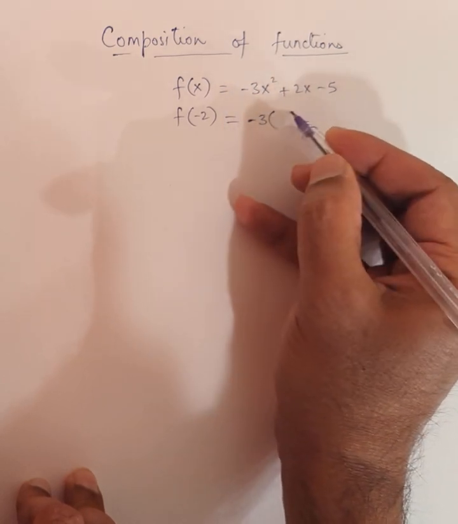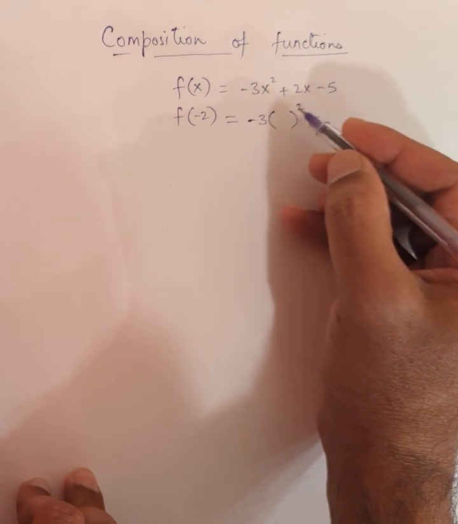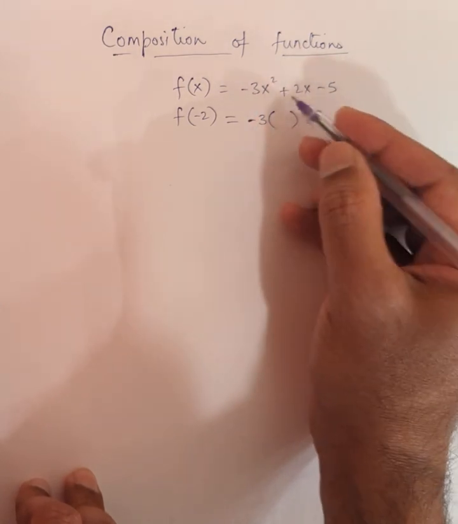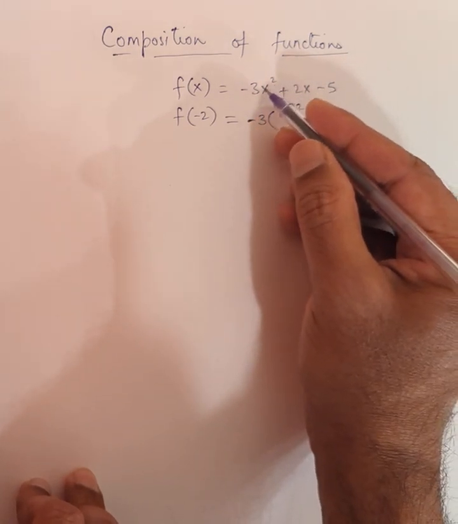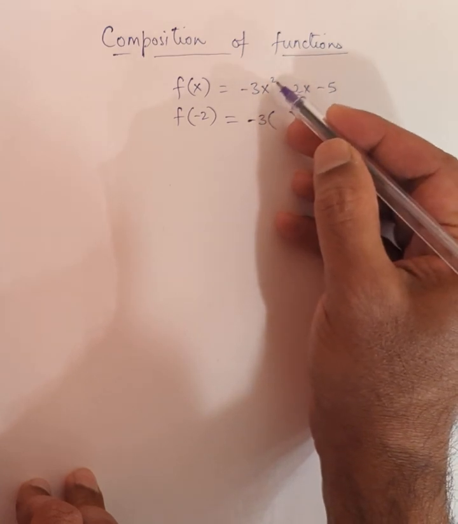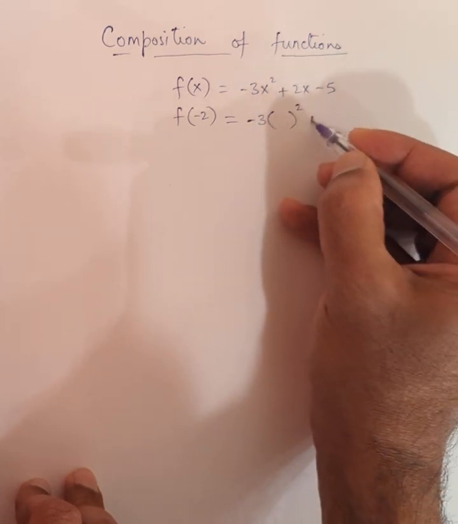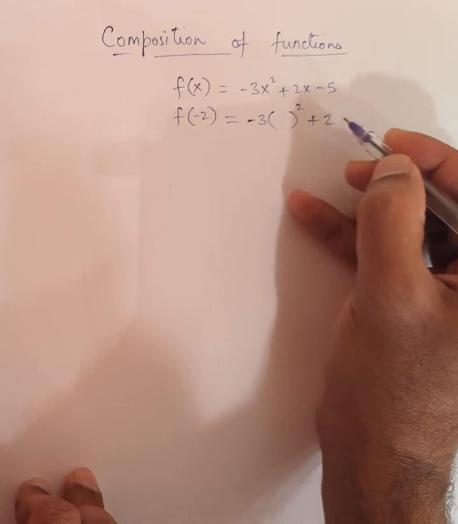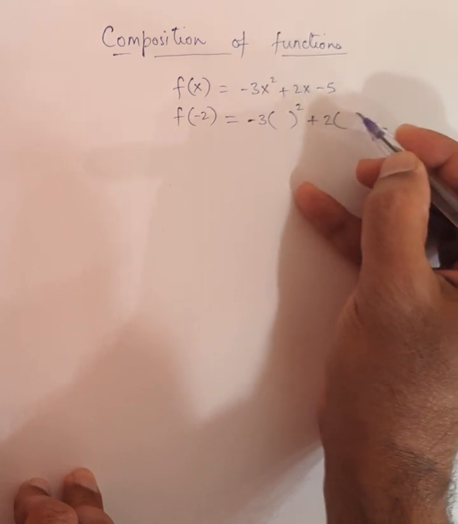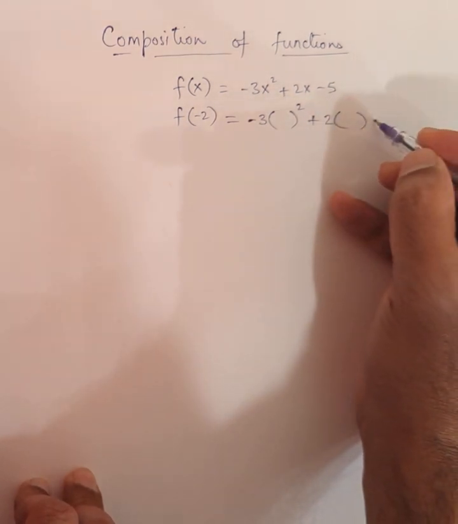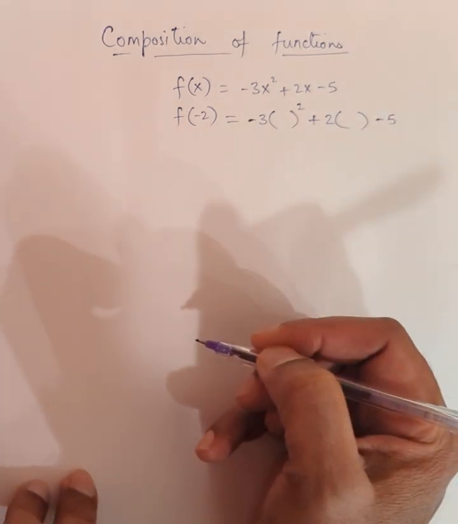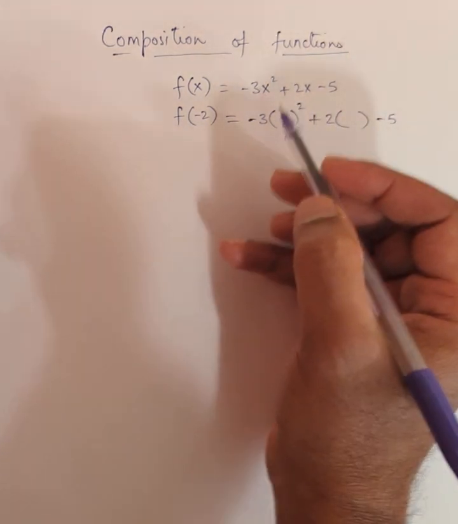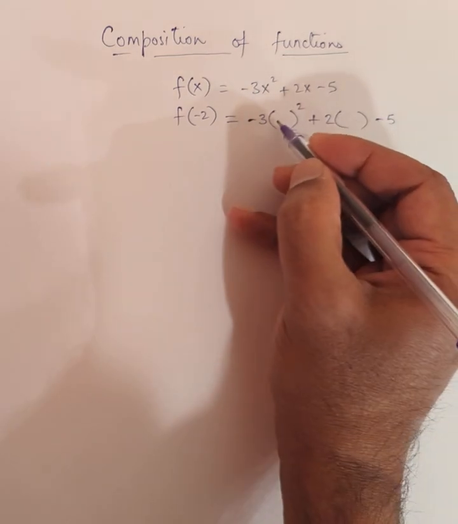So wherever I see an x, I'm going to use parentheses, but I'll copy the rest of it. So I'm not going to copy the x, but I will still copy the square part, and then plus 2, and then for x I'm going to leave parentheses, and then I'm going to copy the minus 5. And what goes inside the parentheses is this input of negative 2.